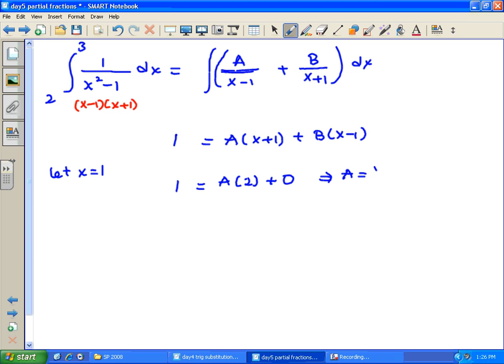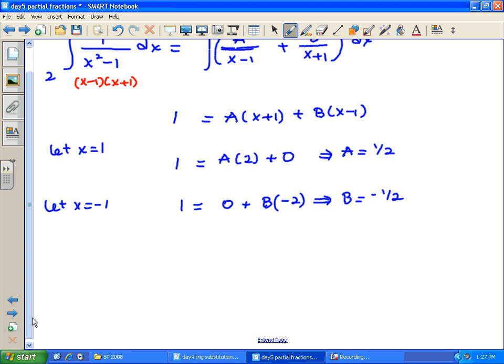One-half. Then let x be equal to negative 1. Again, the left-hand side is just a constant. On the right now, we're going to lose the a term. Plus b times negative 1 minus 1, that's negative 2. So from here, what am I getting for b? Negative a half.